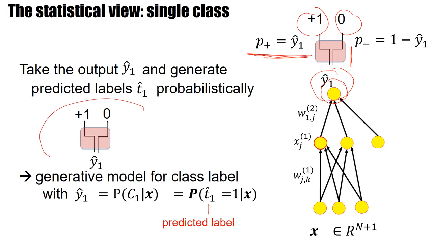So this is the extra module that we have to add at each output of the neural network. And then we can say our output is the probability for this input that it belongs to the class. And this is actually implemented by saying the network has a certain probability to predict the class label t hat 1 equal 1.